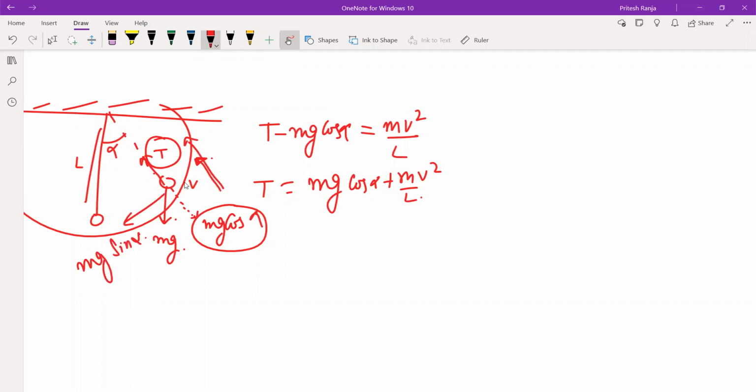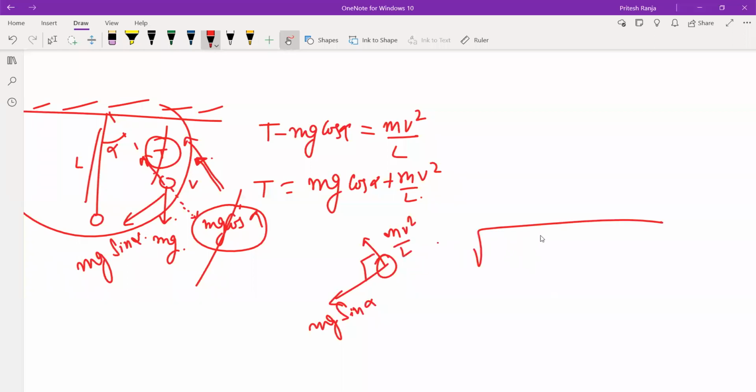Because the centripetal force we found by taking T and mg cos alpha, so we need not include it once again. So this is the bob of the pendulum, and this is the force which is remaining and there is the centripetal force. So from here the net force will be root of (mg sine alpha) whole square plus (mv square by L) whole square. That will be the net force.